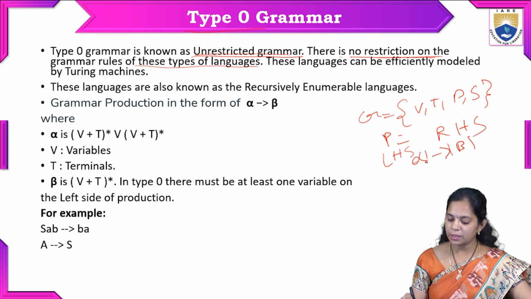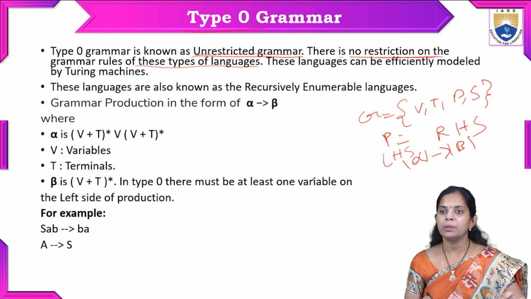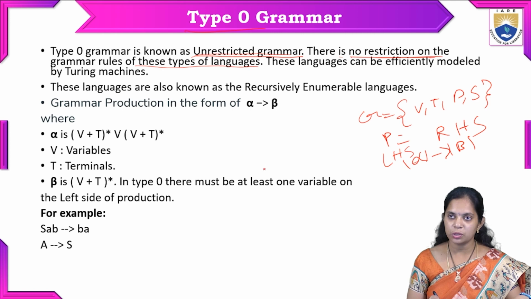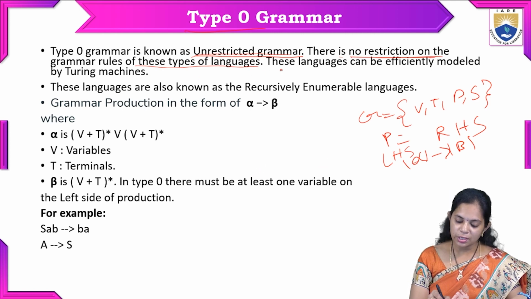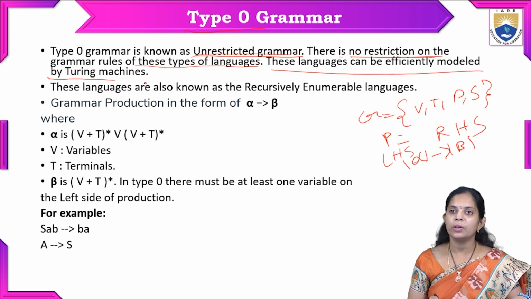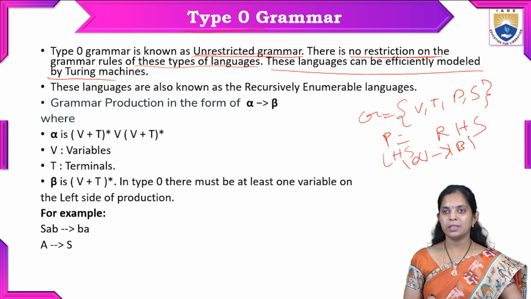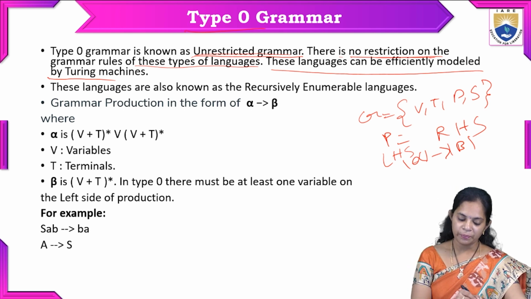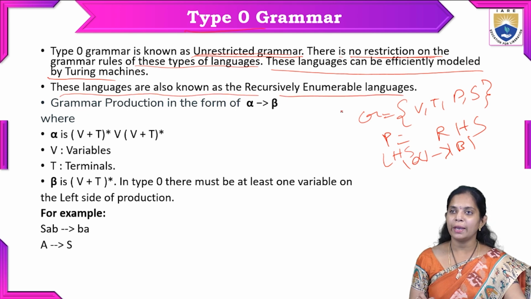Here the length of alpha and beta is very important, the length of the production rule, right hand side and left hand side. These languages can be efficiently modeled by the Turing machine. These are languages which are recognized by Turing machines only, and these languages are also known as the recursively enumerable languages.